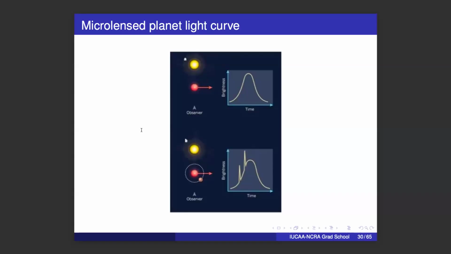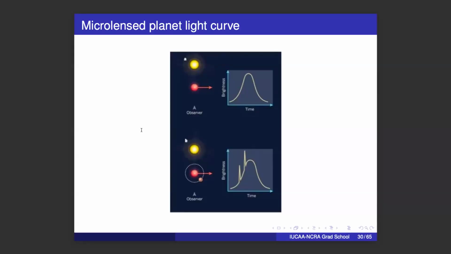Now, if this thing has a planet, that planet can create its own peaks over and above the peaks that you see in the stellar profile. The advantage of this technique is that your star is already brightening and the planet is brightening over and above that.